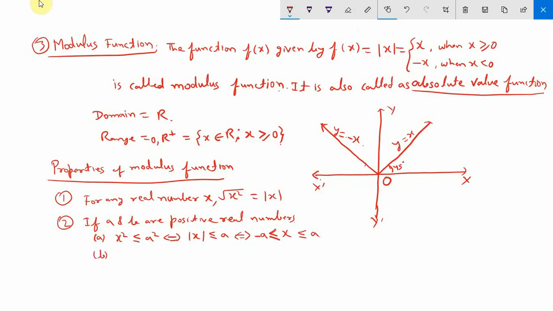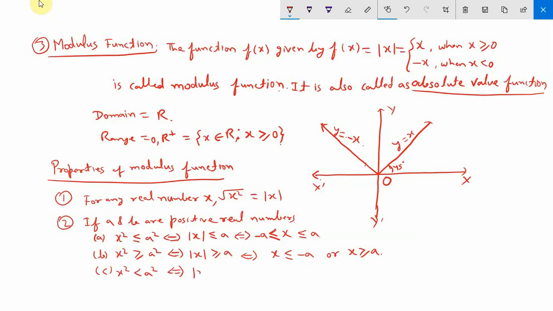Second, b, when x square is greater than or equal to a square, it implies mod of x is greater than or equal to a. From this we can conclude either x is less than or equal to minus a, or x is greater than or equal to a. Third one, x square is less than a square, where equality does not hold.